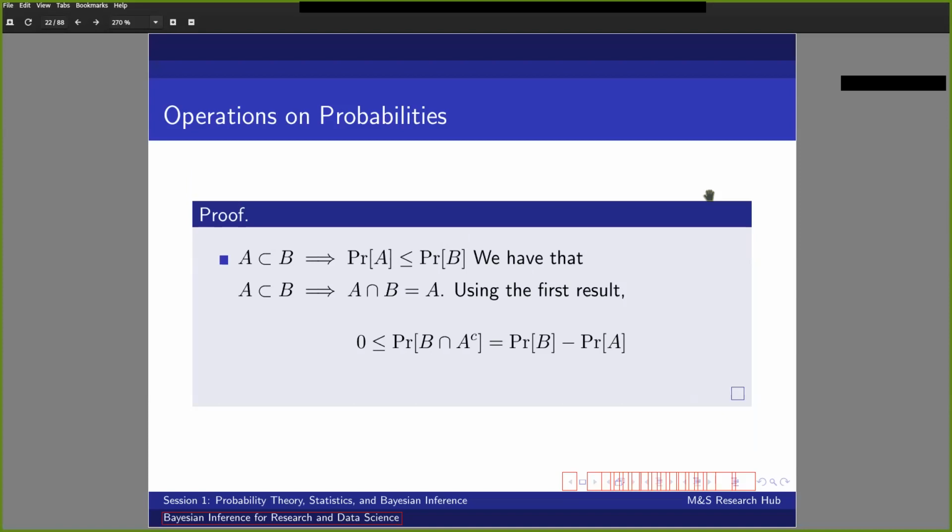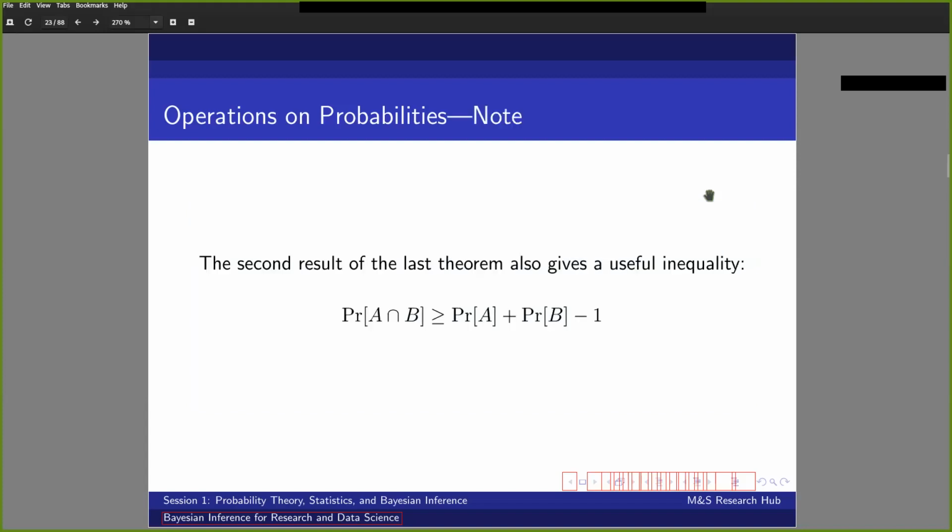Now last, we know that A being a subset of B implies that their intersection will just be A. So using the first result, we know that the probability of B intersection A complement will just be equal to the probability of B minus the probability of A, which is greater than or equal to 0, giving us our result.